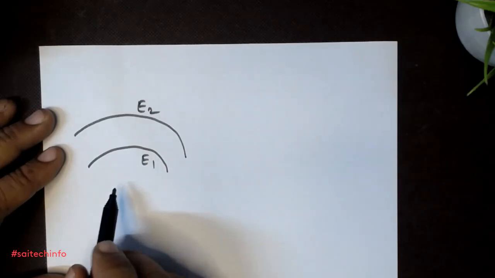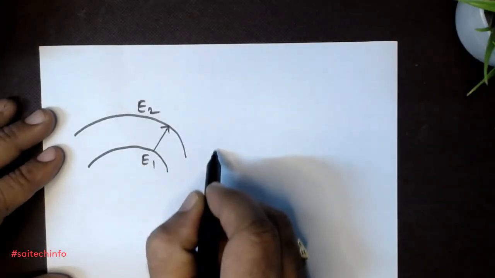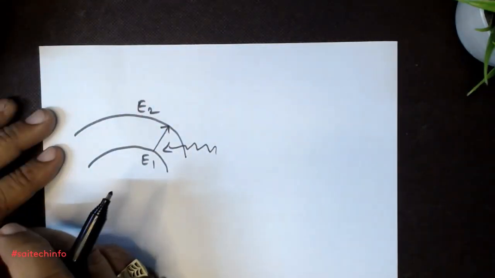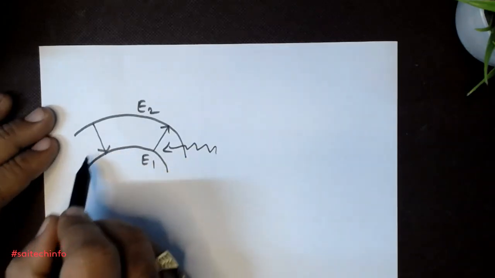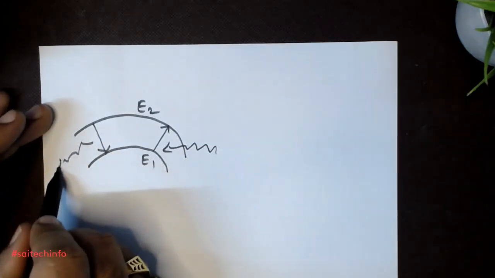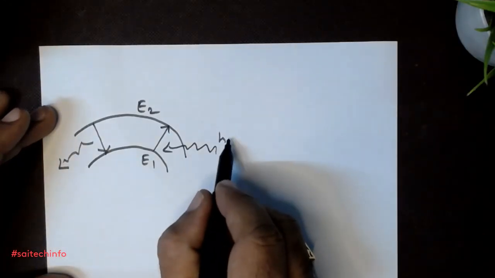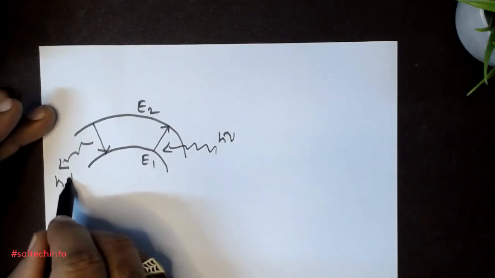Okay, now when it goes up, it has to get the energy, then only it can move. But when it jumps from higher energy to lower energy, it releases the energy in terms of a photon, that is called h nu.